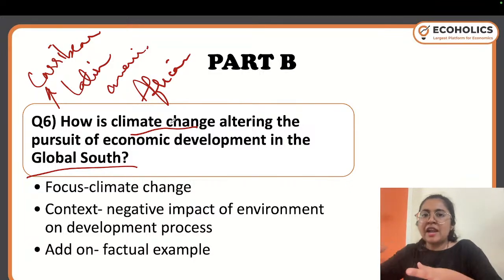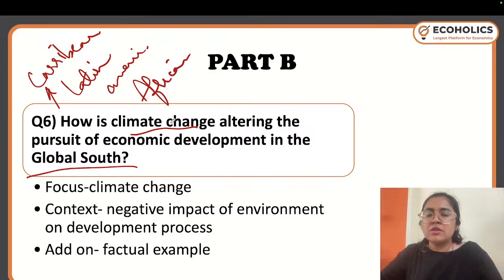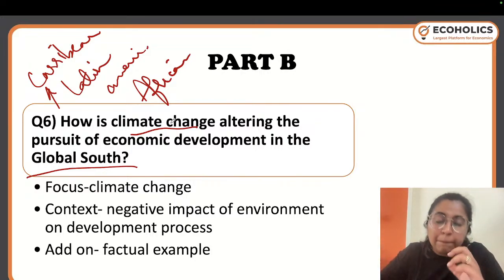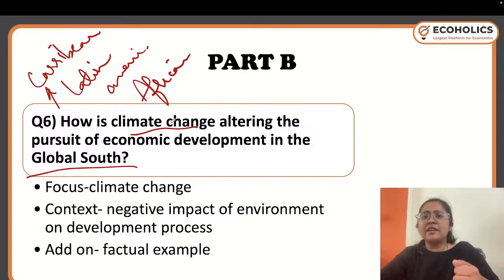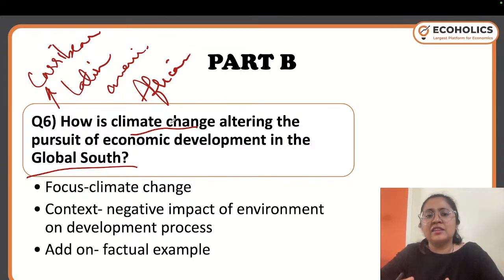When the development starts to happen, immense drought happens, or immense flooding, or some kind of glacier avalanche, or some kind of natural calamity, massive earthquake. Because of these problems that are taking place consistently, the development is obstructed.